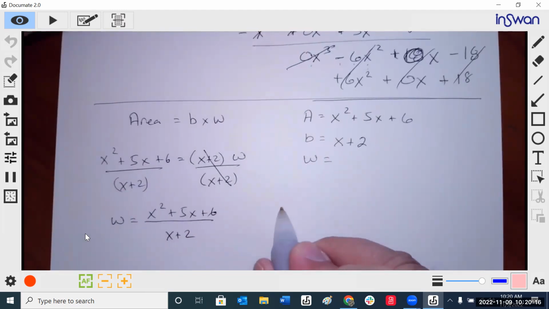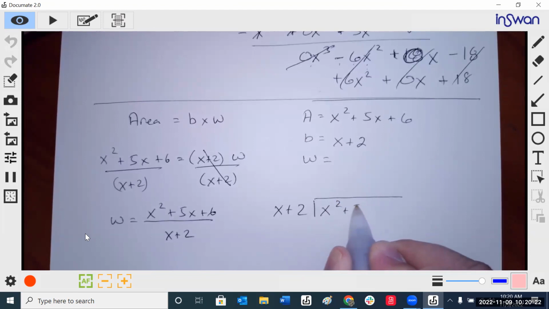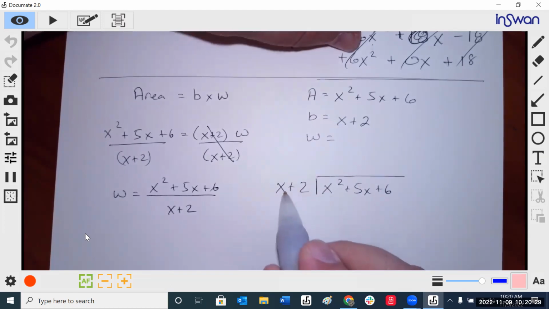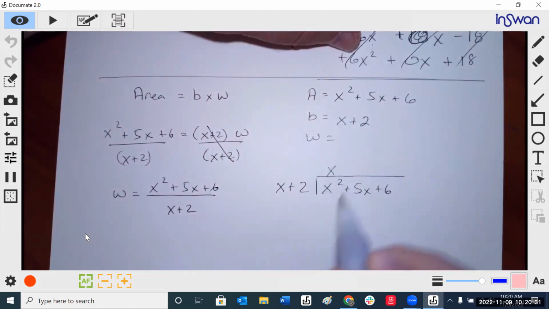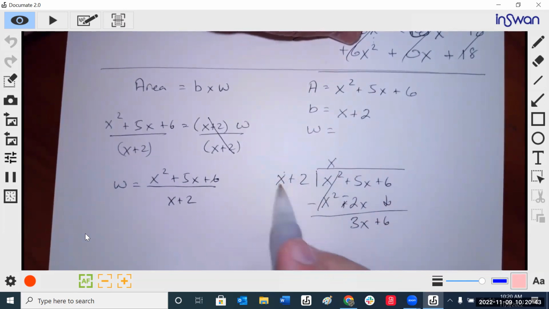So this is an example of why and how we would use long division. X times, we're missing an x. X plus 2x. Change the signs. 3x plus 6.